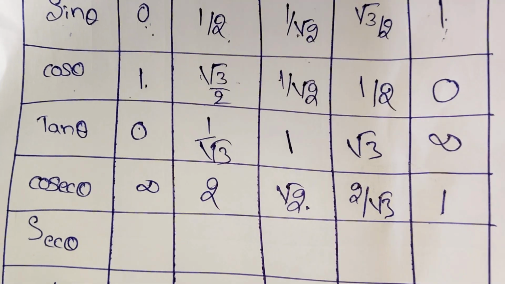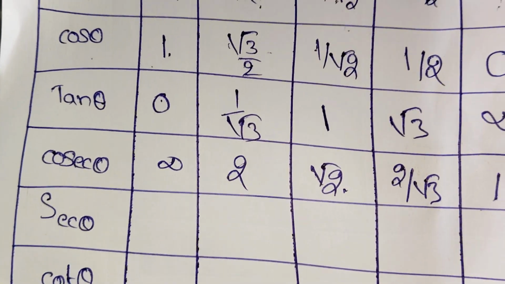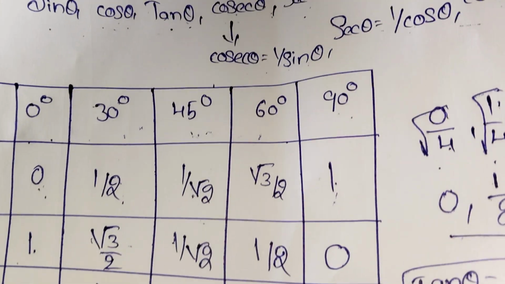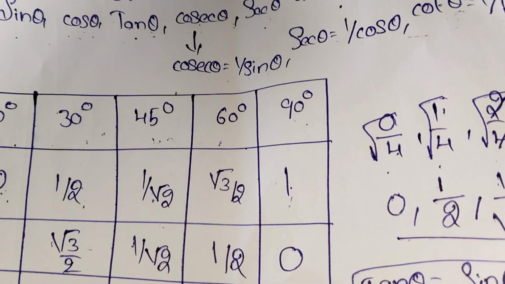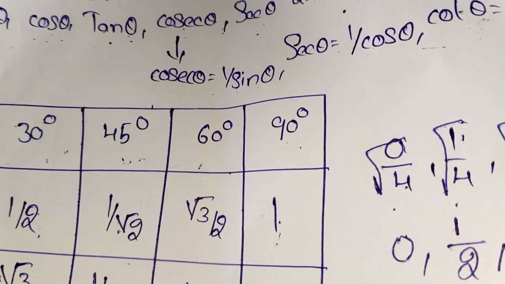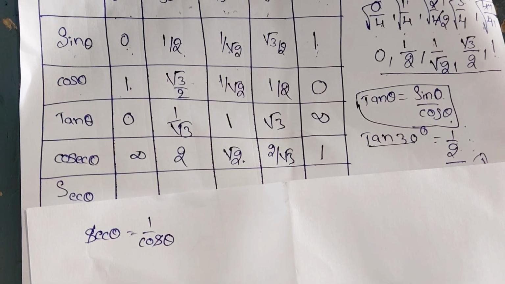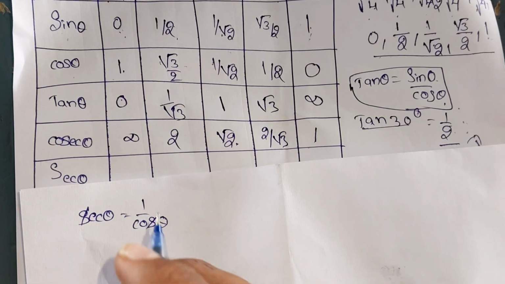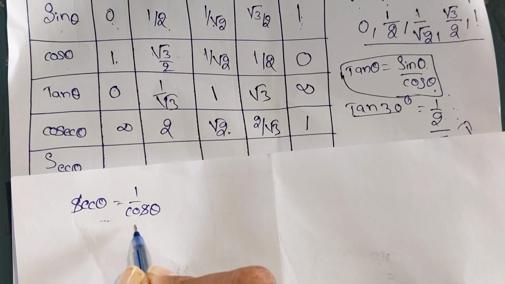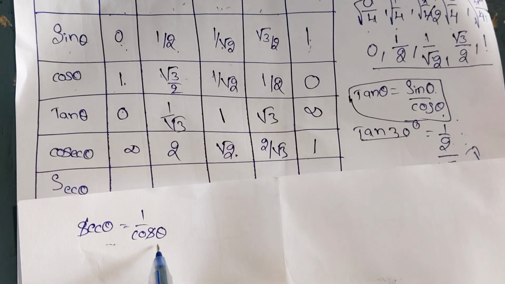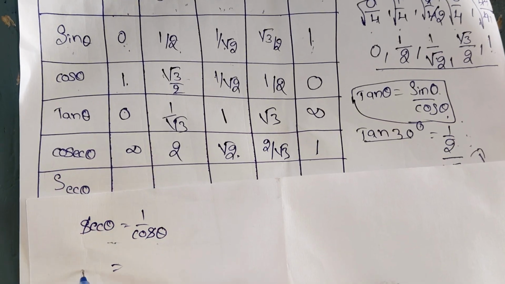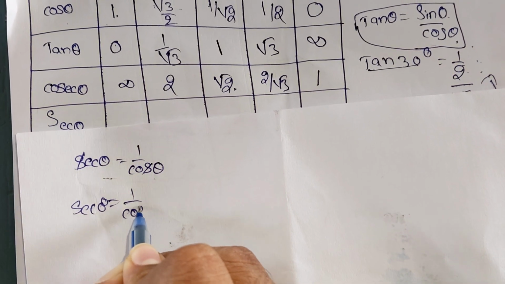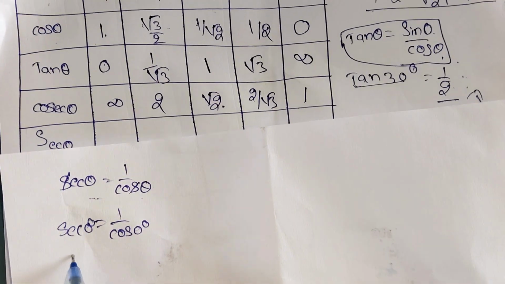Now we have to go with finding the secant theta values. What is meant by secant theta? Secant theta is nothing but 1 by cos theta. Secant 0 degrees equal to 1 by cos 0 degrees.